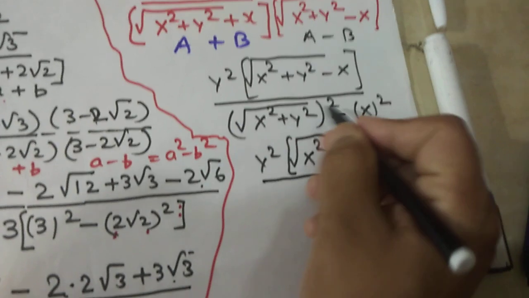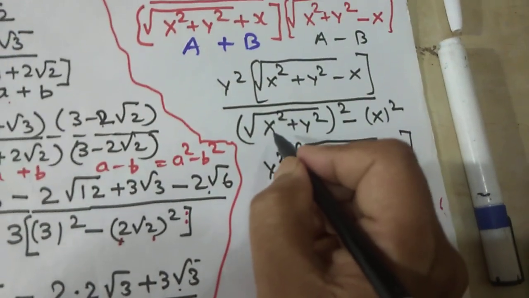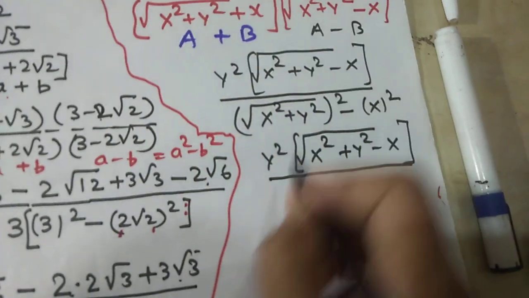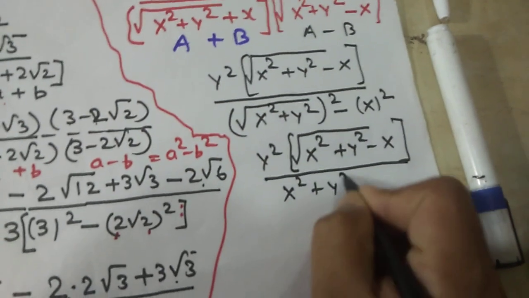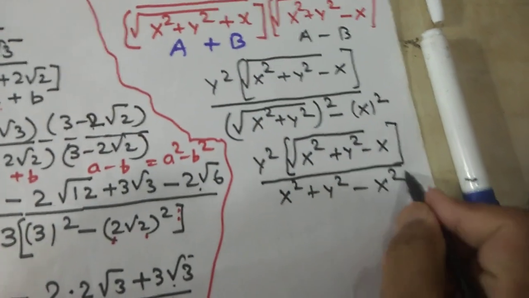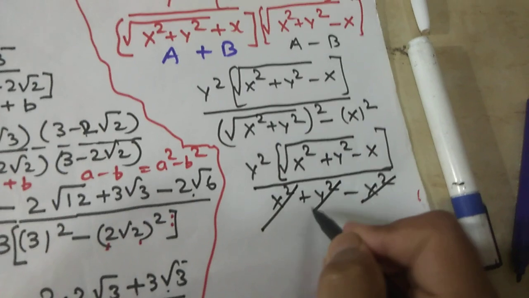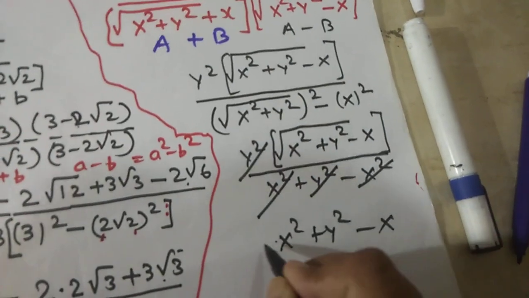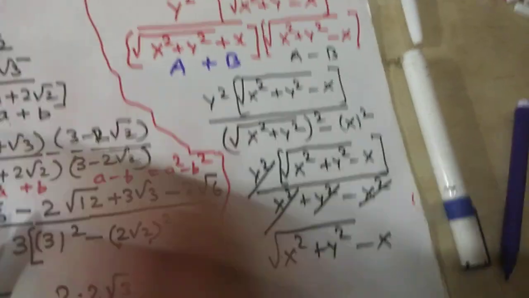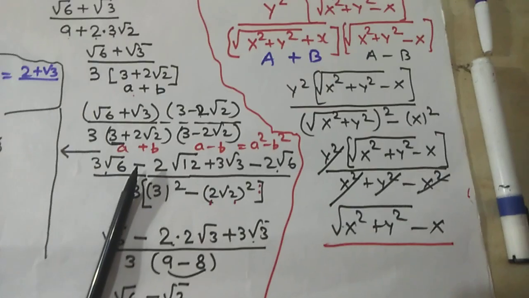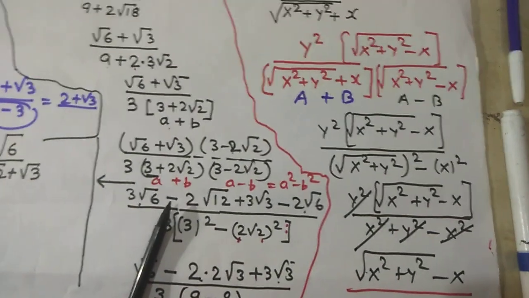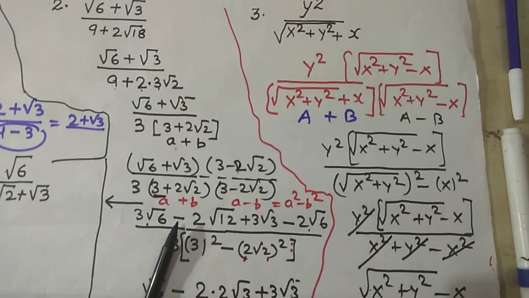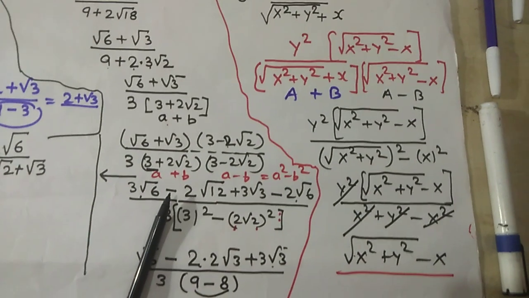Divide, root over. I already said if the square root is a square, so square root eliminated. So x square plus y square minus x square. X square cancel. Y square cancel. Answer is root x square plus y square minus x. This will be in the root. This is your third answer. Please see the step.